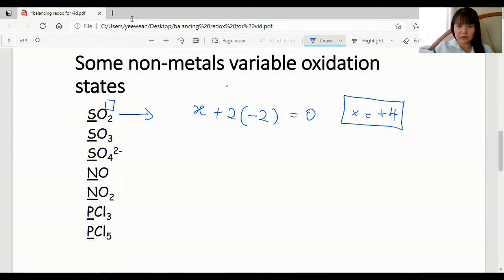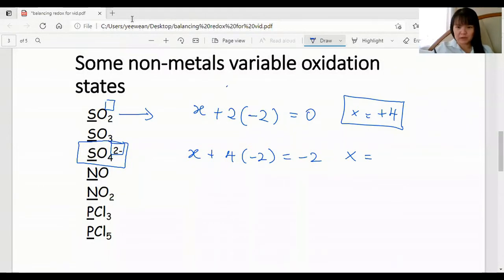That is its oxidation state or number. Let's try something like this with a charge. So X, not sure what the sulfur is, plus 4 of that -2, we would get -2 as in this. So X would be +6.